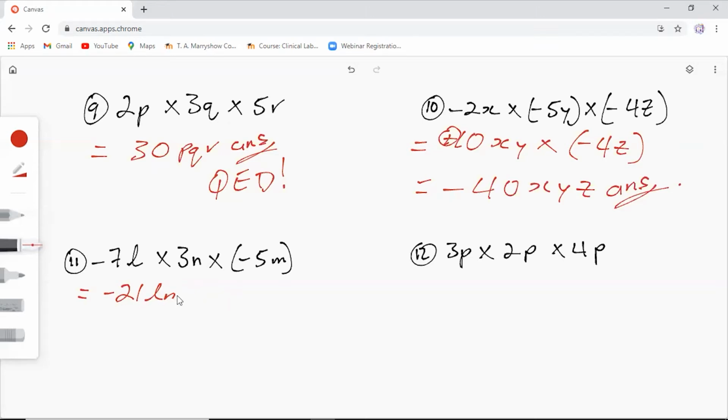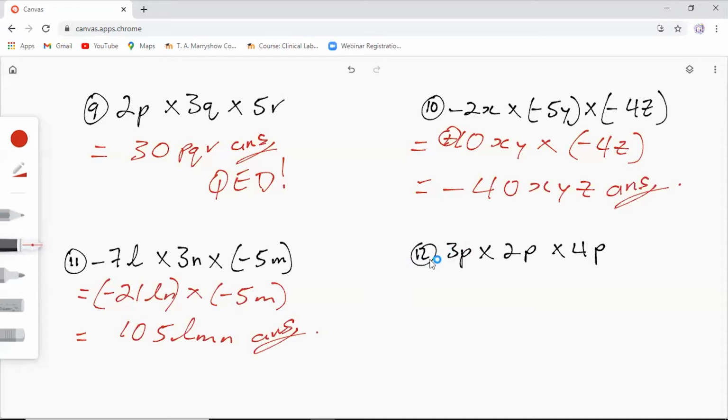So negative 21ln times negative 5m. Now a negative multiplied by a negative is a positive, so we get 21 times 5, that's 105. So positive 105. ln times m would be lmn, right? And that's our answer there.